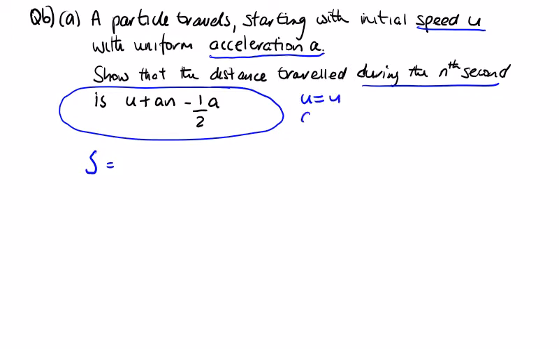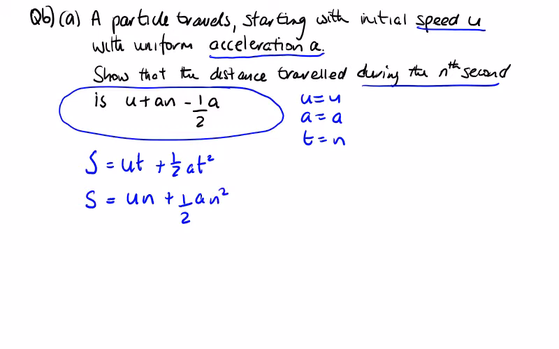u is equal to u, a is equal to a, s is equal to ut plus a half at squared. So we'll say that t is equal to n. So s is equal to un plus a half a n squared.